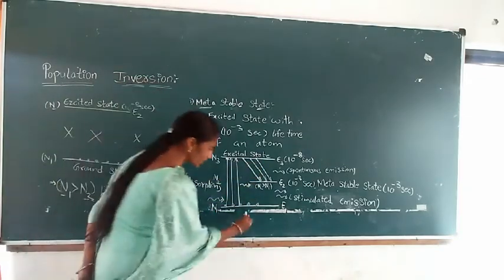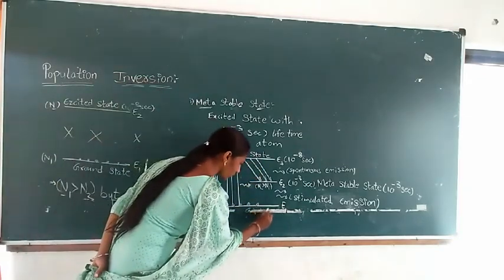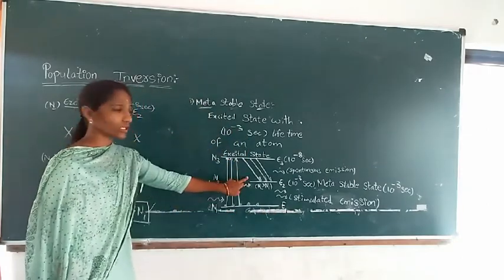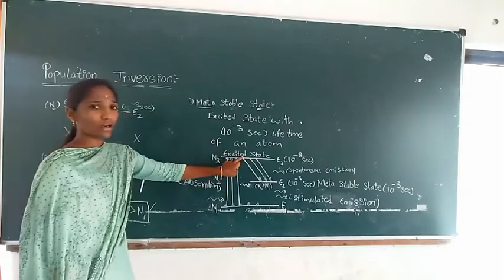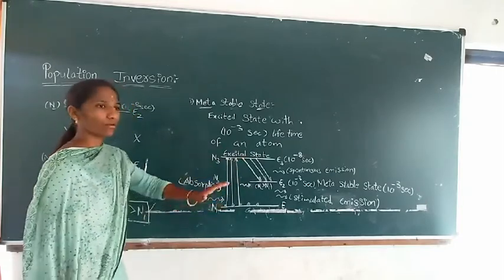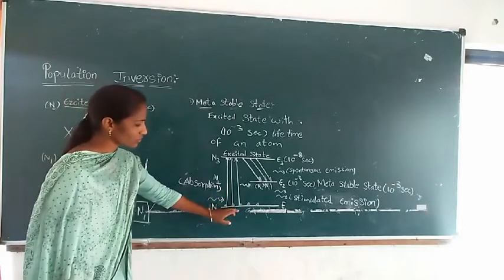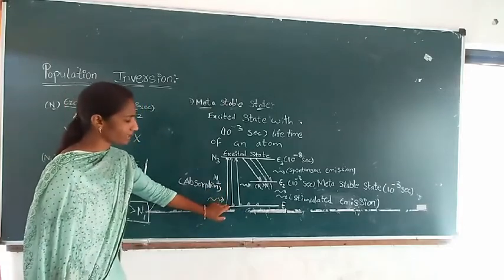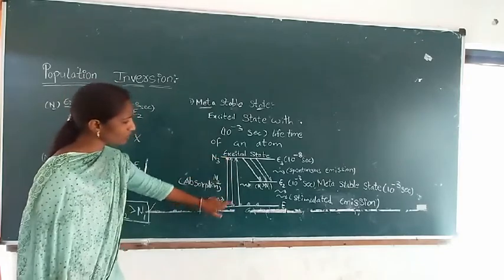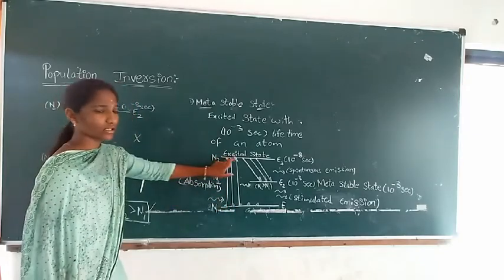E1 is the ground state, E2 is the metastable state and E3 is the excited state. If we incident energy on the ground state, the atoms move towards the excited state, so it reaches the excited state E3.